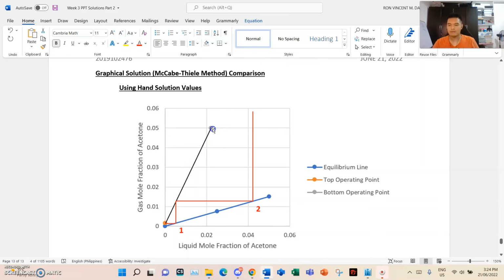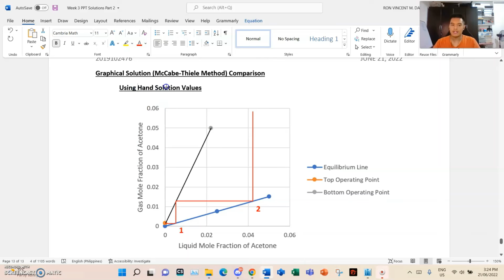This operating line represents the mole fraction of acetone in the liquid and the gas at the top and the bottom respectively. So this is the top of the absorber, and this is the bottom of the absorber. So how do we find it graphically?